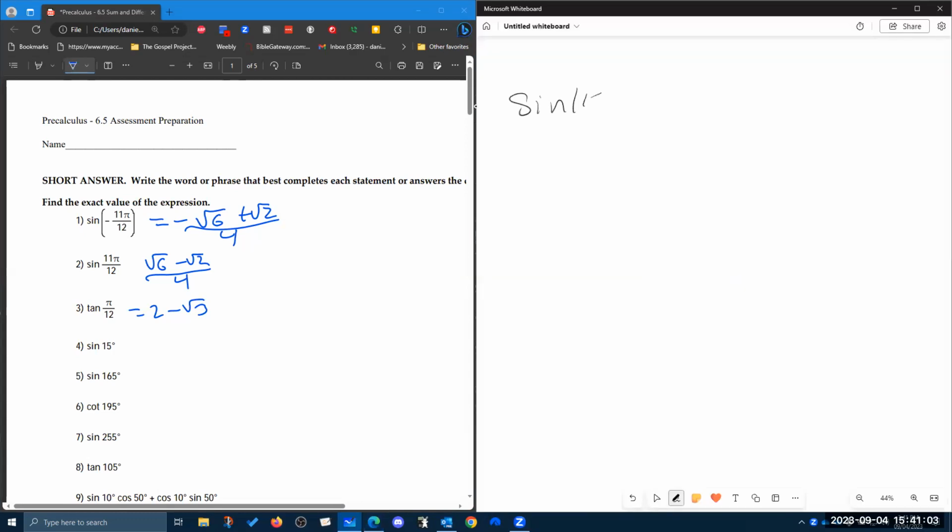Sine of 15 degrees, we can use sine 45 minus 30 if we would like, or 60 minus 45, either way.